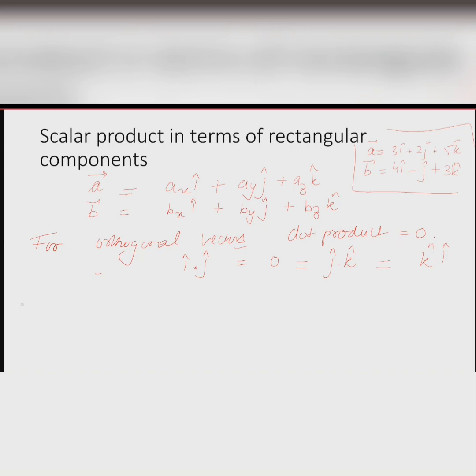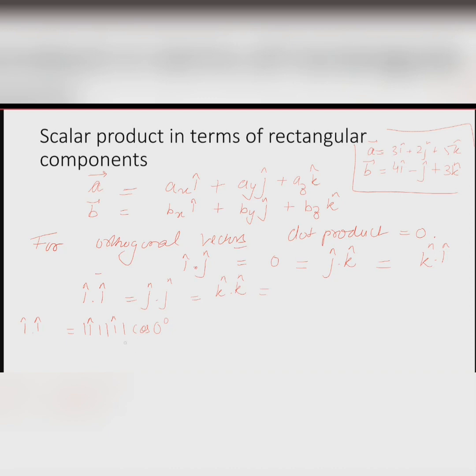Now, the dot product of a vector with itself. So i hat dot i hat, or j hat dot j hat, or k hat dot k hat will be, let's see. i hat dot i hat would be magnitude of i hat into magnitude of i hat into cos of the angle between the vectors, cos 0 degree.